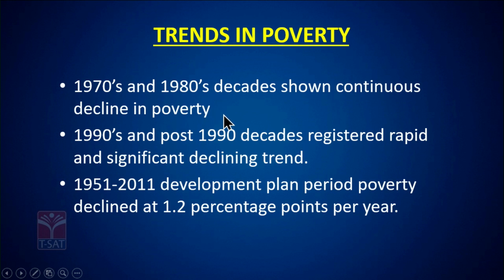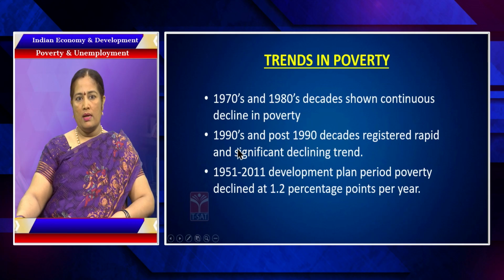These plans were concentrating only on reducing the intensity of the twin problems, that is poverty and unemployment.